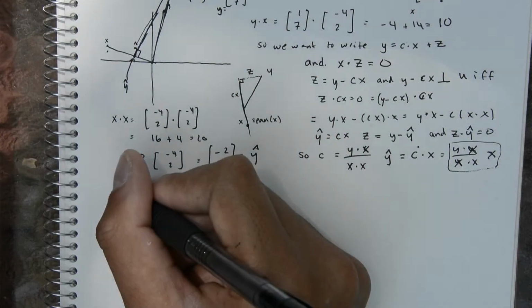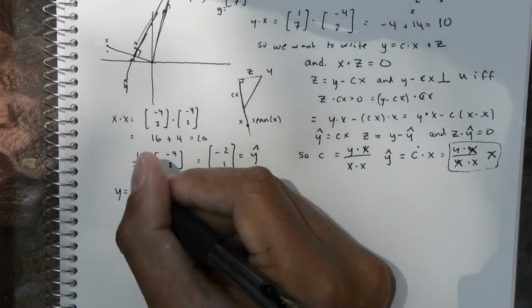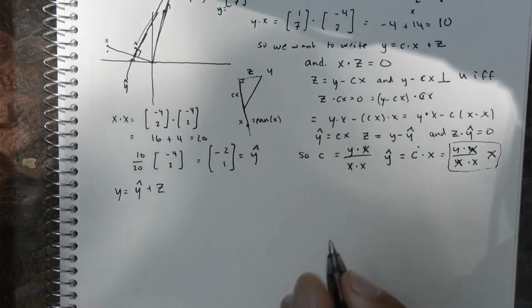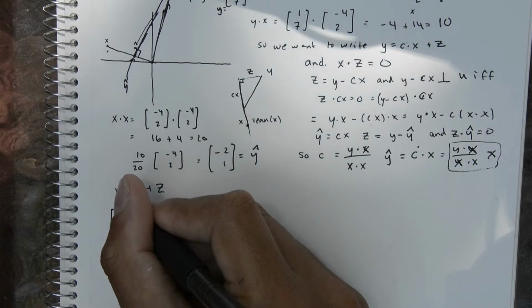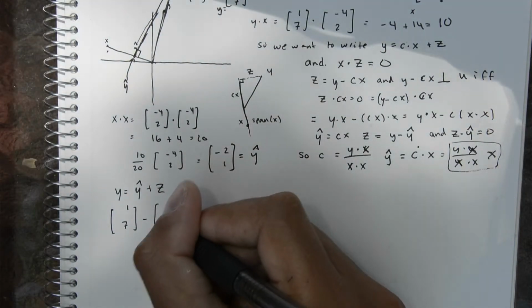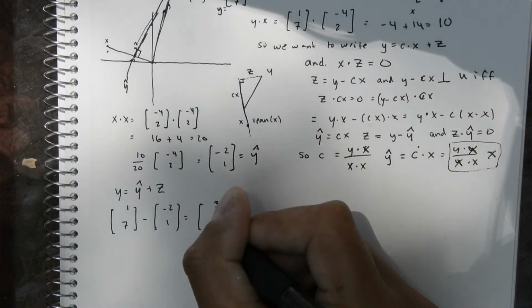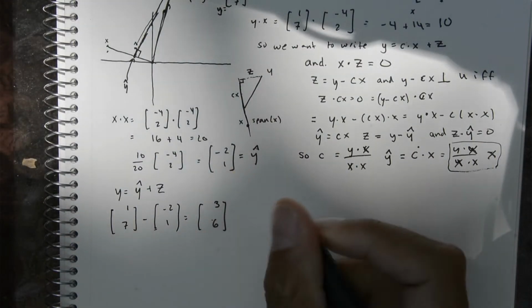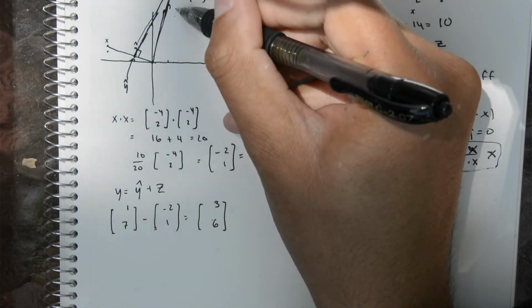So now we have y is equal to y hat plus z, right? So then we can do (1, 7) minus (minus 2, 1) is equal to (3, 6). So then 2, 3, something like this.